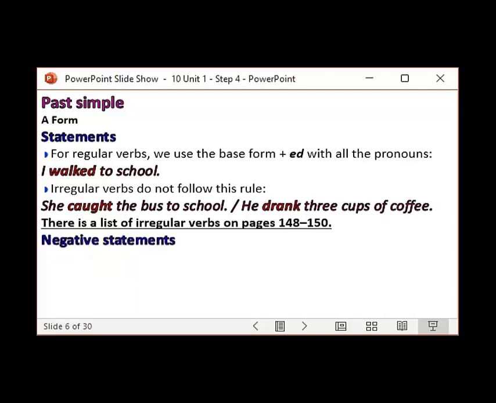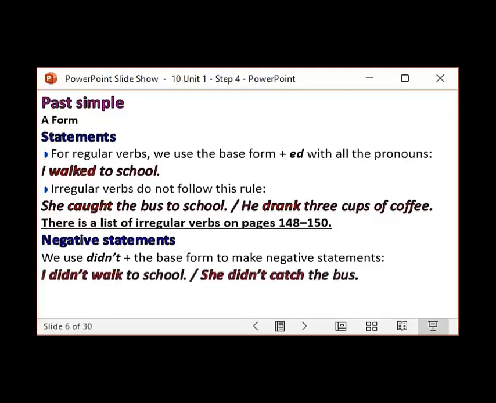What about negative statements? All the time, with all pronouns, we use didn't plus the base form to make negative statements. For example, I didn't walk to school. Another example, she didn't catch the bus.